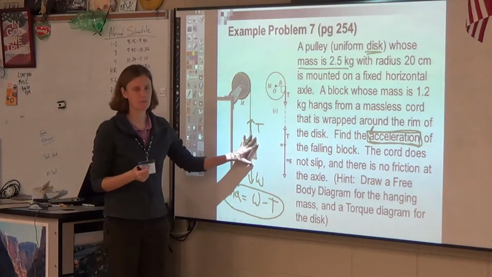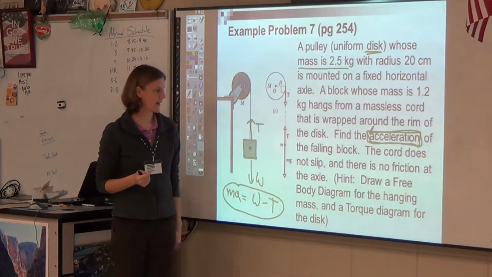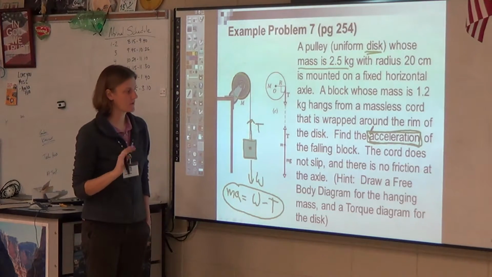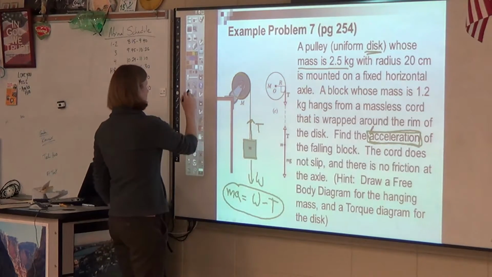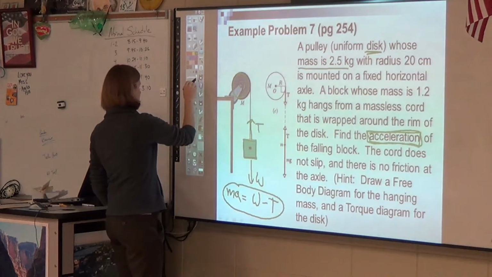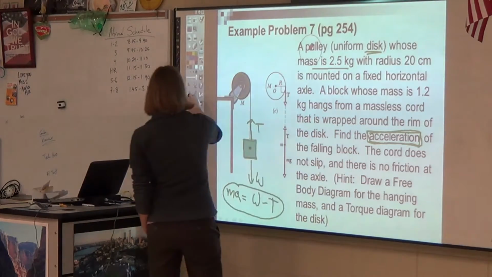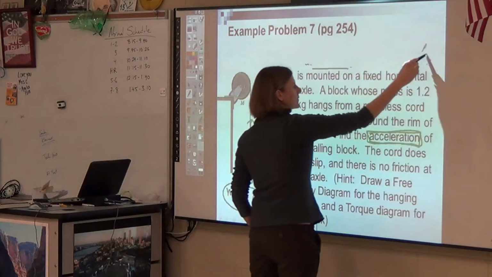It can't possibly be going faster than free fall, because we do have this force holding it back a little bit. So that's at least one clue that we may have done it wrong. Hopefully we won't get an answer bigger than gravity. All right, so we've done what we can with forces. Now let's look at rotational stuff. And I'm going to give myself some room. Now I'm going to need some numbers from you guys.